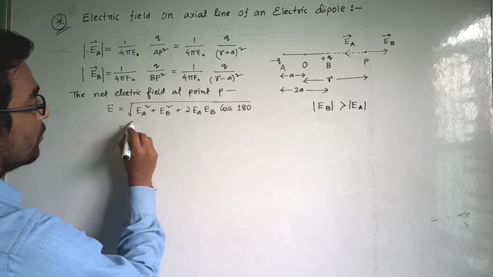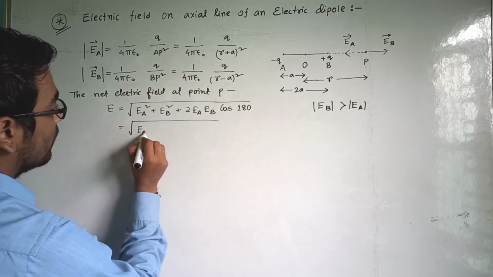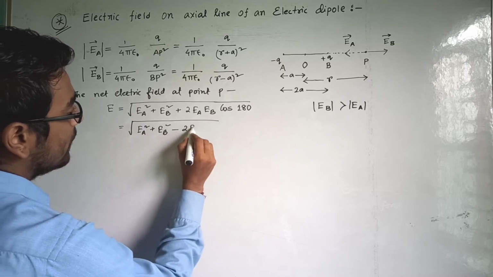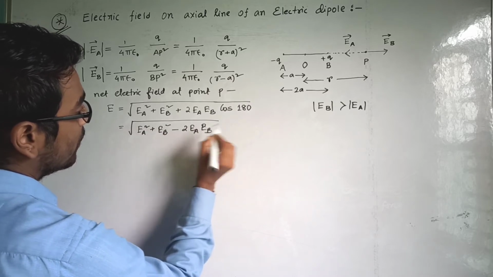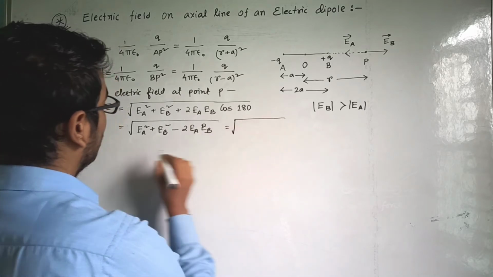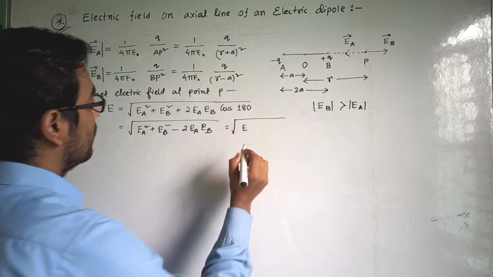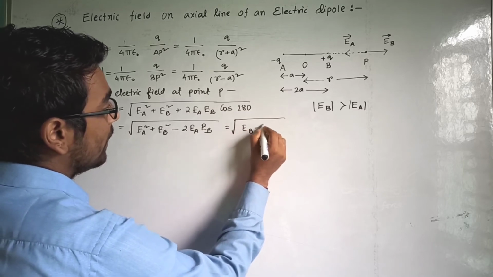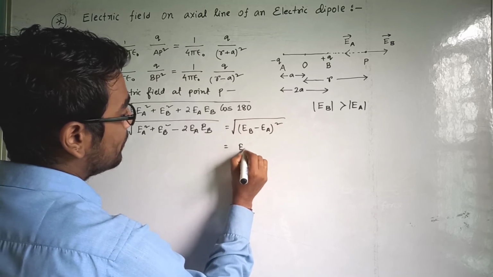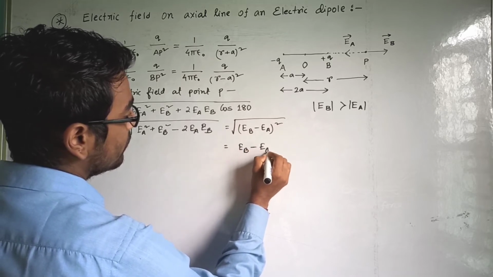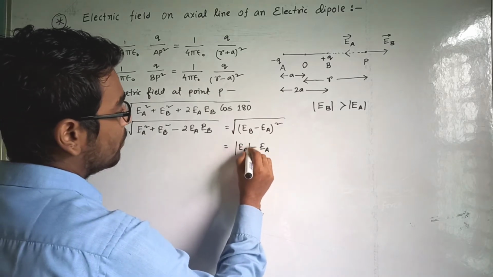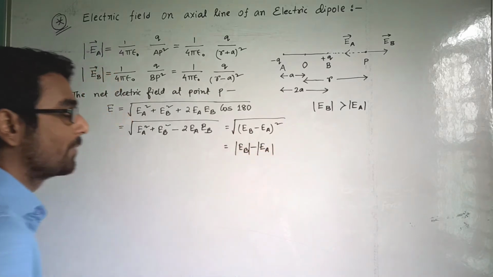So we can write root over EA square plus EB square minus 2 EA EB. From here we can write root over (EB minus EA) whole square. So ultimately it will be EB minus EA. As these are magnitudes, we can put mod over there.